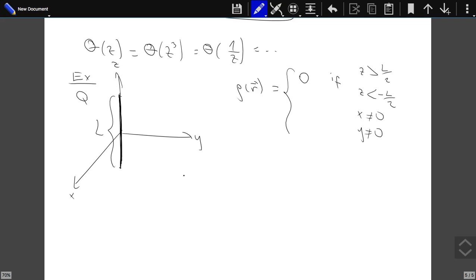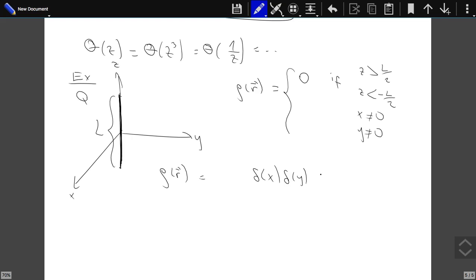So that basically tells me that the volume charge density should be proportional to Dirac delta of x, because it should be 0 at all values of x except in a single point. Dirac delta of y, and again, it should be 0 everywhere except a single value of y.